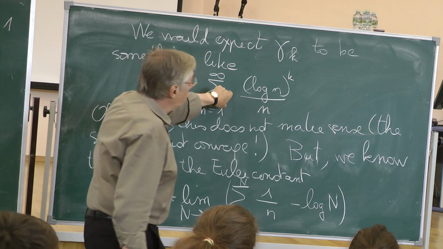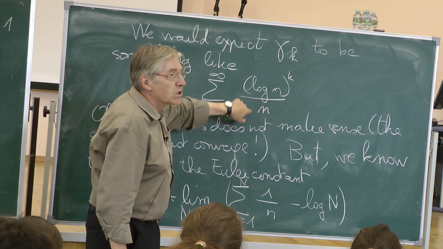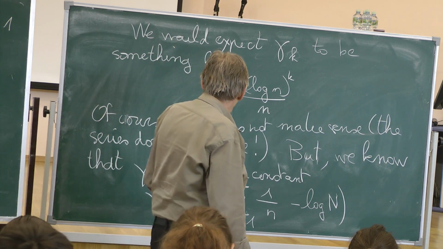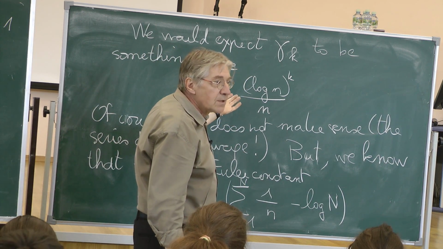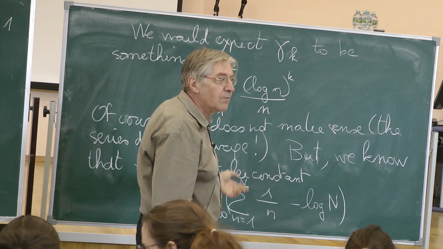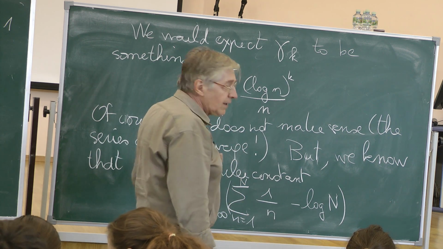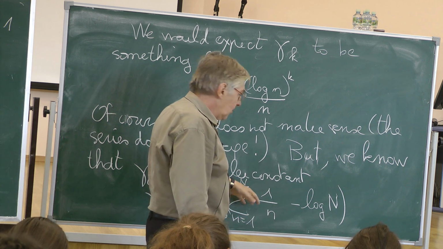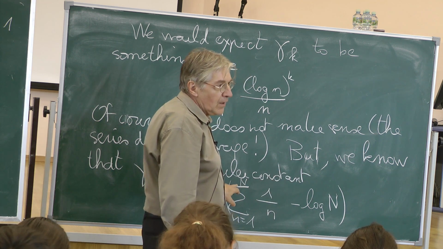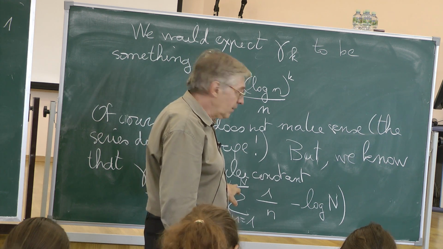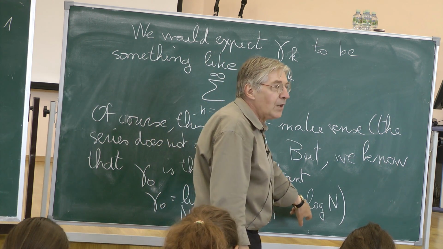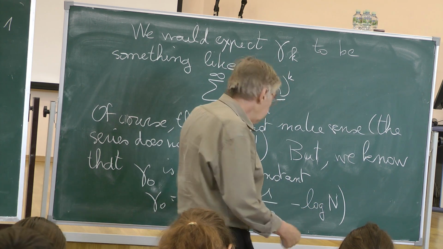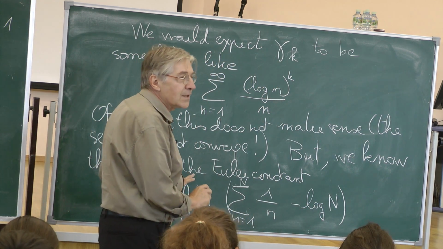So, a priori, what we would expect for gamma 0 is just the sum of 1 over n for n going from 1 to infinity. It is not this because it diverges. It's the harmonic series which diverges. But, in fact, it's not so different from the harmonic series. You just stop the harmonic series at a certain level, capital N. You remove a small elementary term, which is log N, and then you get a limit. And, in fact, this limit is exactly the number that you wish.